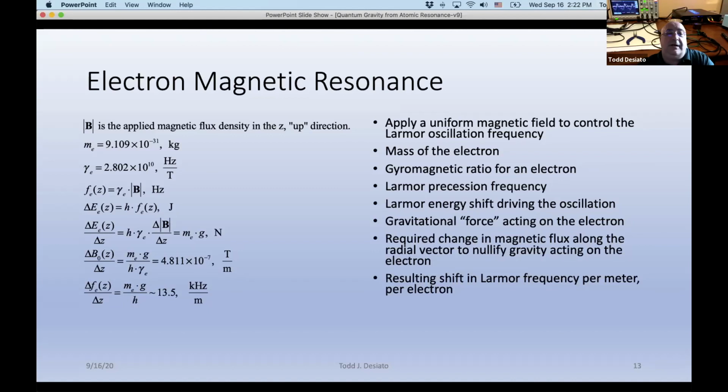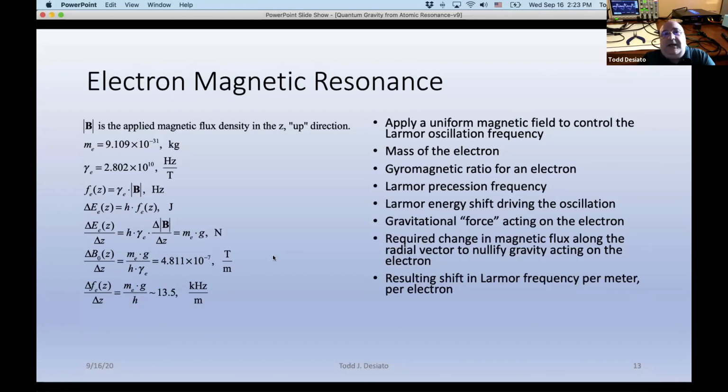So here I did a rough back of the envelope calculation using the mass of an electron and its gyromagnetic ratio, and calculating the frequency, then calculating what the force would be, and find that an electron in free fall has to have a gradient in the magnetic flux density of 4.8 times 10 to the minus 7 Tesla per meter, which equates to a time dilation or a frequency decrease as it falls of 13.5 kilohertz per meter.